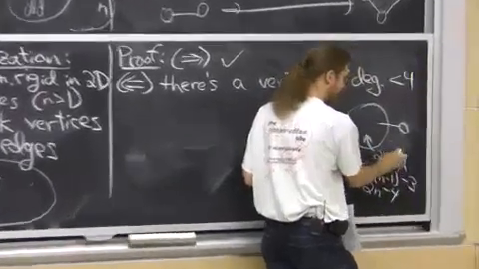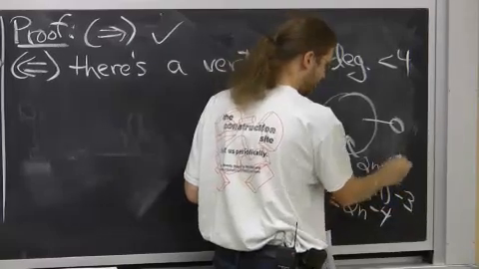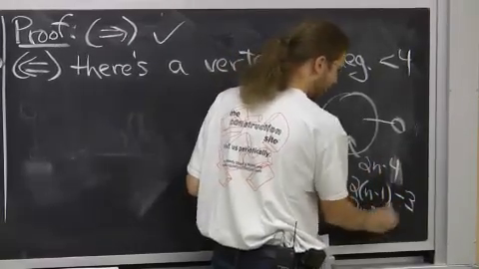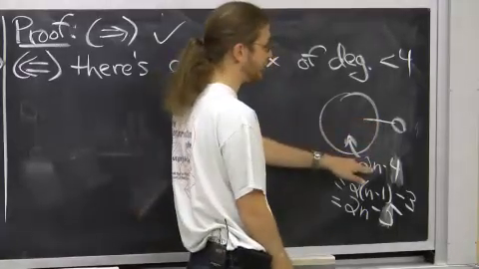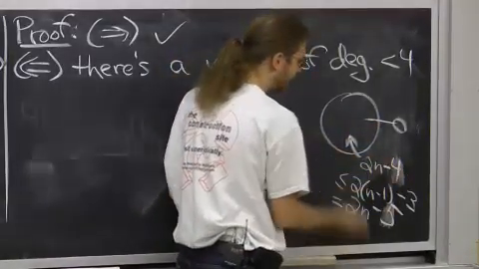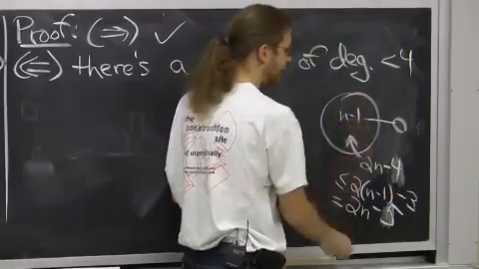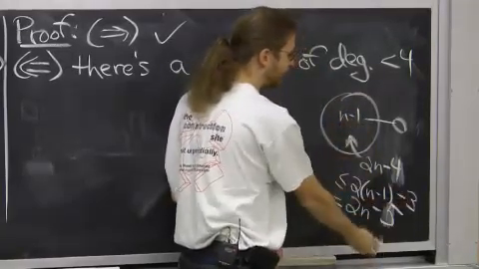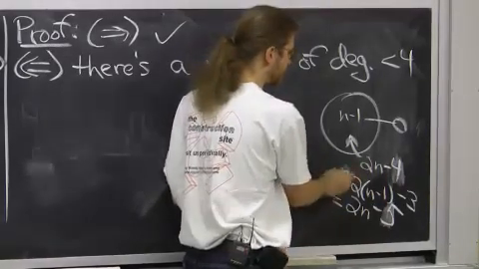Sorry, I did this wrong. 2n minus 3. This should be 4. This should be 5. So if I remove 1 edge from 2n minus 3, I get 2n minus 4. I had a sign error. But I'm supposed to have 2 times n minus 1, that's the number of vertices over here, minus 3, which is 2n minus 5. So I have the wrong number of edges. In fact, it should be, well, whatever, at most.